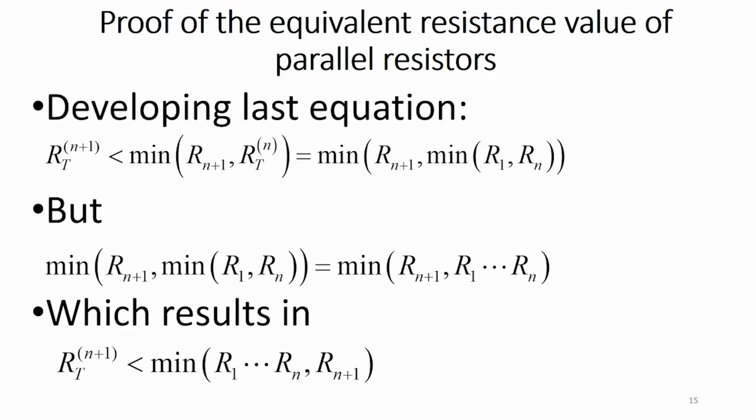But the minimum of R(n+1) and the minimum of R1 until Rn equals the min of R(n+1), R1 until Rn, which results in RT(n+1) being less than the minimum of R1 until R(n+1).